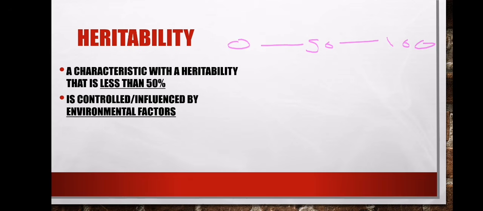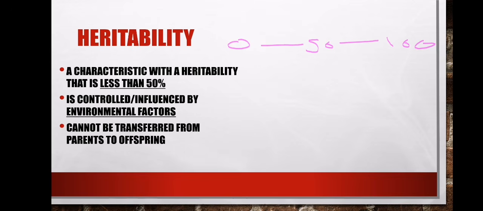Two, that characteristic is mostly influenced by environmental factors. Three, the characteristic cannot be transmitted or transferred to the offspring. So if you want to master heritability, we say once the characteristic has a heritability that is less than 50%, it is influenced by environmental factors.